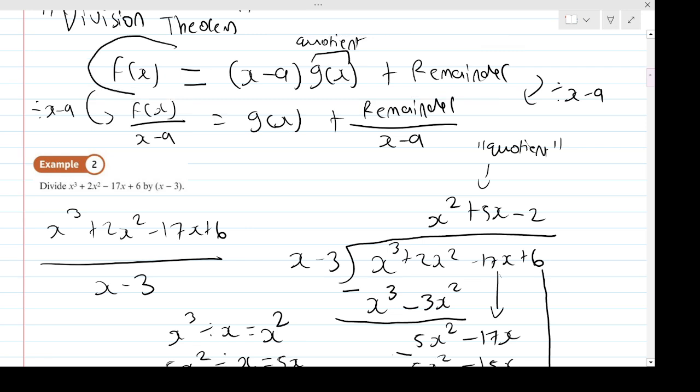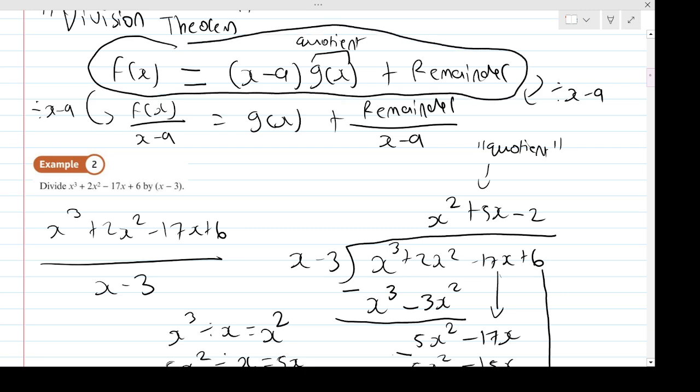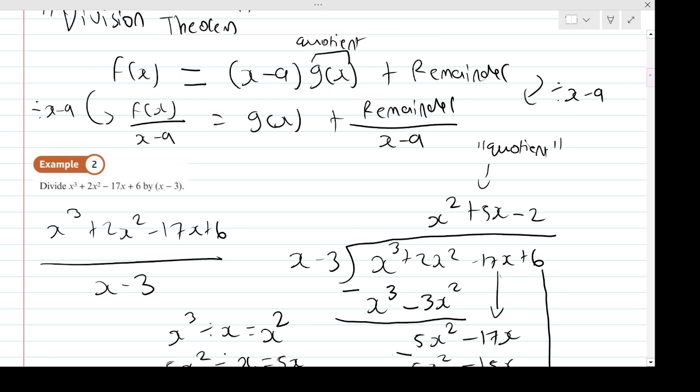You've now seen what the quotient and the remainder is when you perform the division, right? And so actually this tells us a way to link it. If we then divide by the x minus a, then we get the quotient g of x again, which again is another polynomial, and then the remainder term, the number remainder, over the original x minus a, which was the original thing we're dividing by, okay.